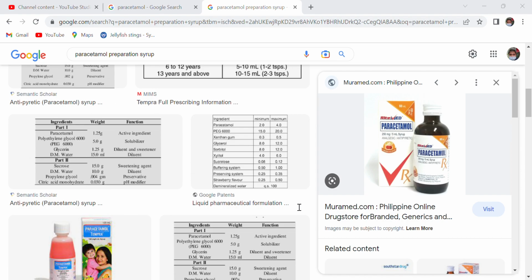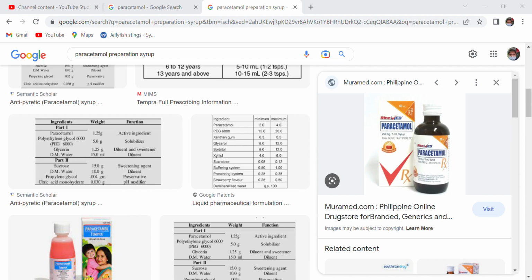For adults, it is automatically 500 milligram, one tablet every 4 hours, for a person with a weight of 50 kilograms and above. You can give a straight 500 milligram every 4 hours for fever.